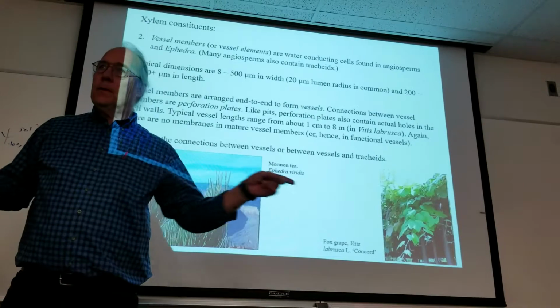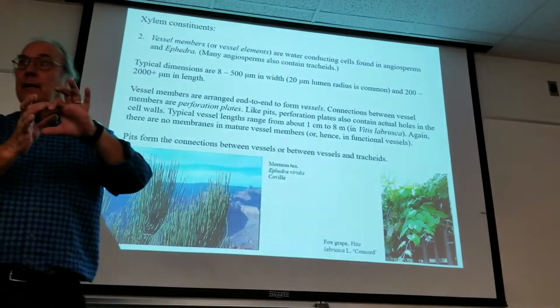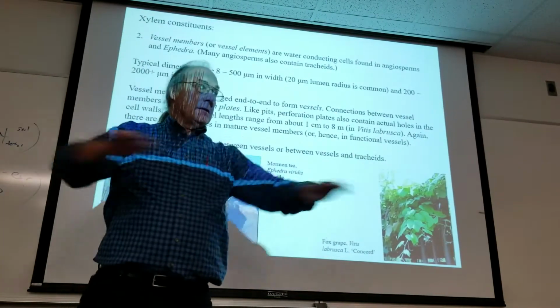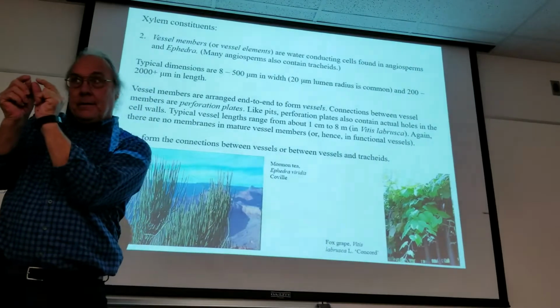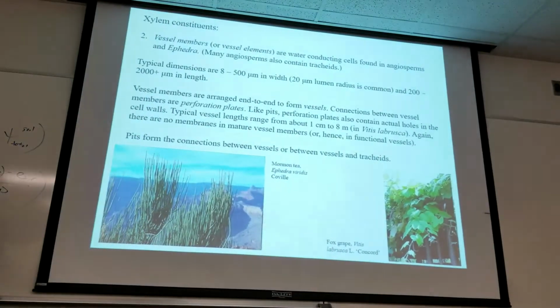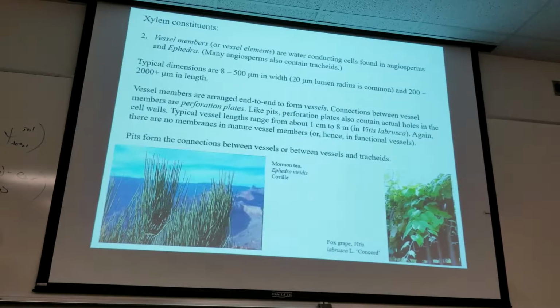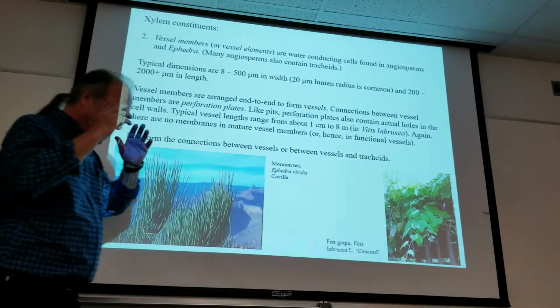It's easy for the water to move all the way through that vessel because it has big holes, big connections between members. But if it gets embolized, that whole vessel is cut off, not just the little trachea. Vessels are connected to each other end to end in overlapping regions where the connections are pits, these small little holes.